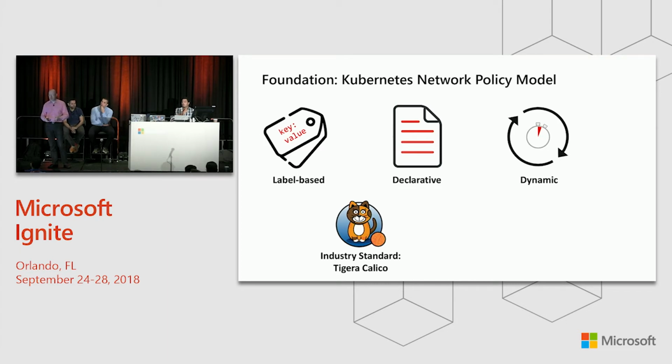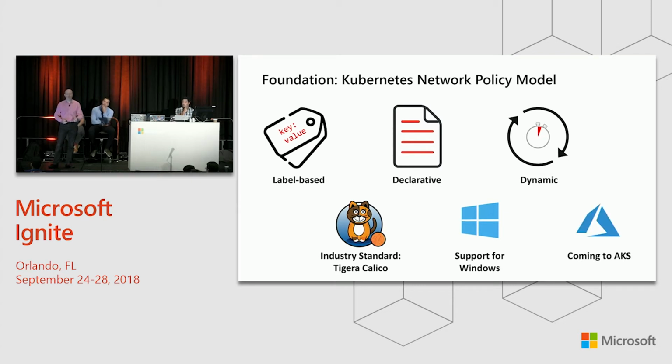It's an open source project called Calico, deployed in all of the major Kubernetes environments. And we've been working a lot with Microsoft recently, to port it to Windows, since it obviously started on Linux like Kubernetes, and also working with Saria and the AKS team to bring this into AKS as well. So this is coming to AKS.